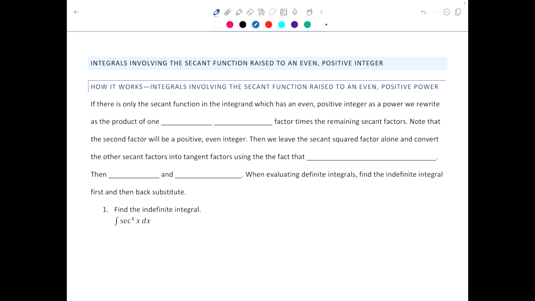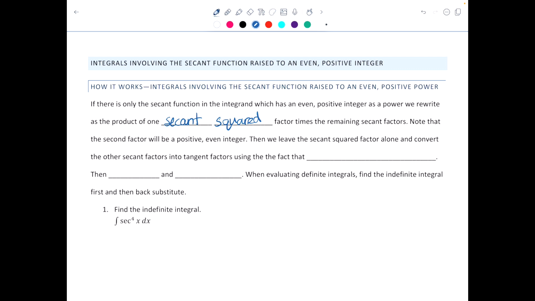If you've got just the secant function raised to an even positive power, we rewrite as the product of one secant squared factor times the remaining secant factors. Note that the second factor will be a positive even integer.